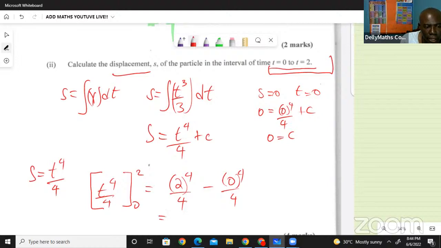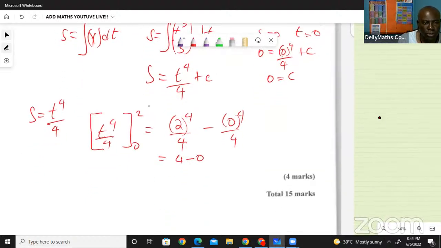And then we end up with 16 over 4 minus 0. So 0 is at the back. So I do get 4.